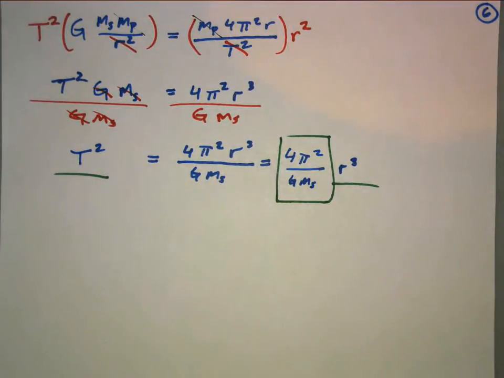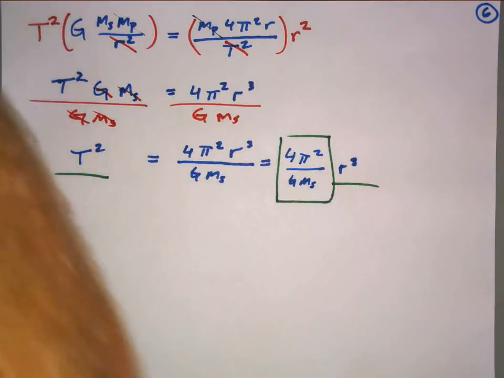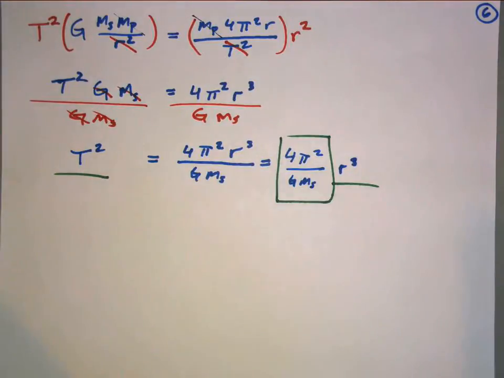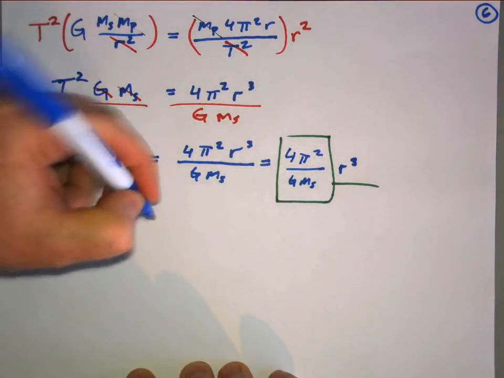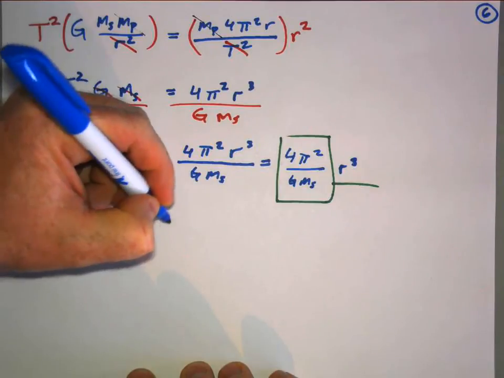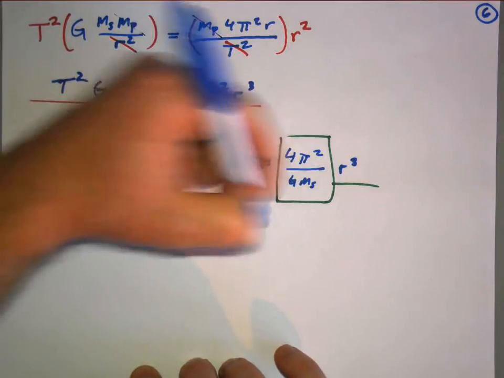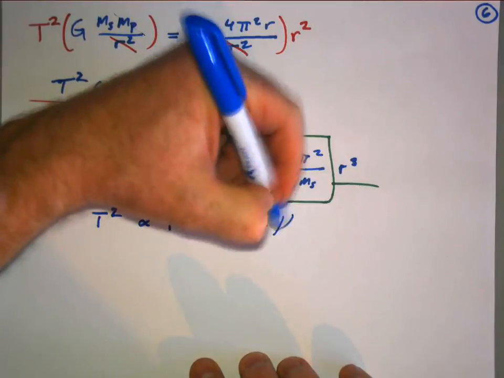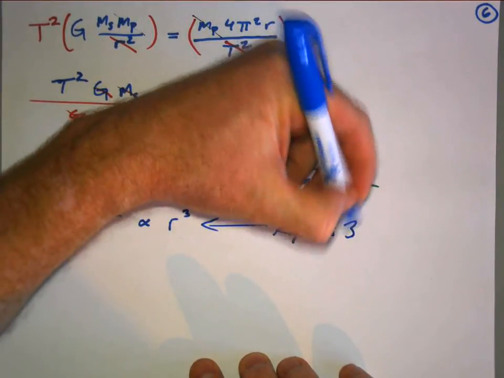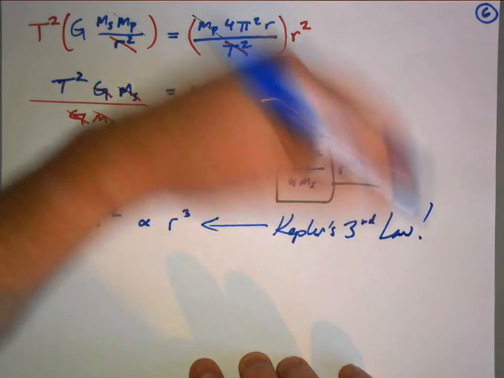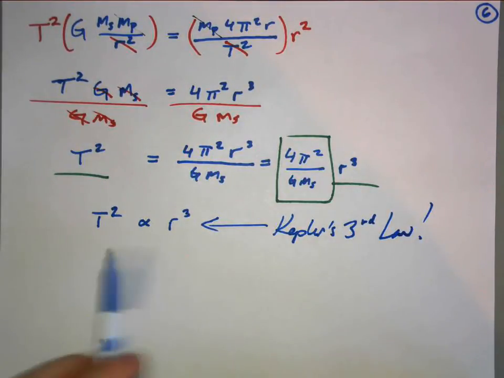That should actually look just like something you saw in a previous video, right? Where you had period squared is proportional to r cubed. Does that look familiar? That is Kepler's third law. That's one way of looking at Kepler's third law.